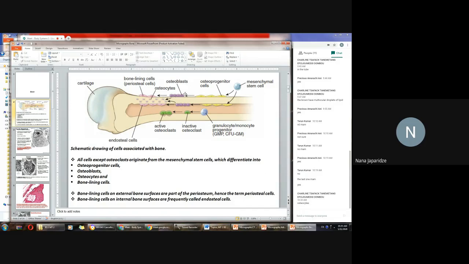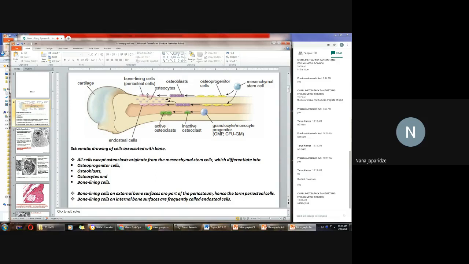So these osteoblast cells, beside the osteocytes, give rise to the periosteal cells, or bone lining cells, which are kept as precursor cells of osteocytes, but they are kept on the surface in the periosteum.